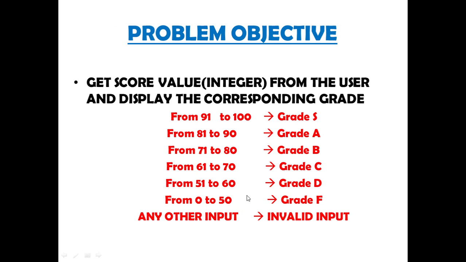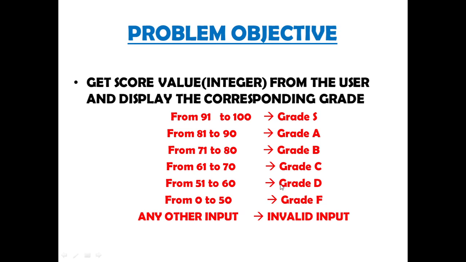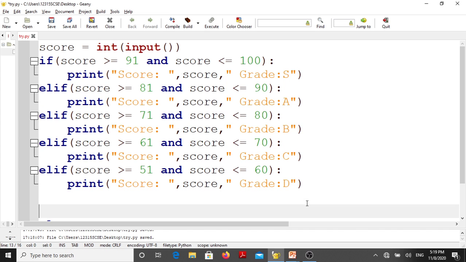And 51 to 60 is a D grade. And 0 to 50 is grade F.